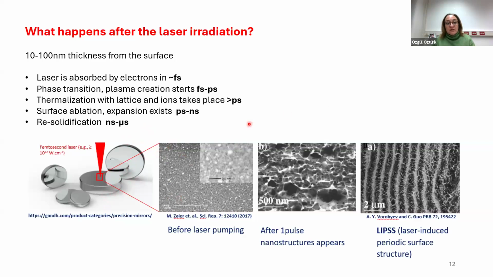And afterwards, after nanoseconds to microseconds, resolidification could occur. And here you see, for example, a new structure forming on your surface, which is called LIPS, laser-induced periodic surface structure.